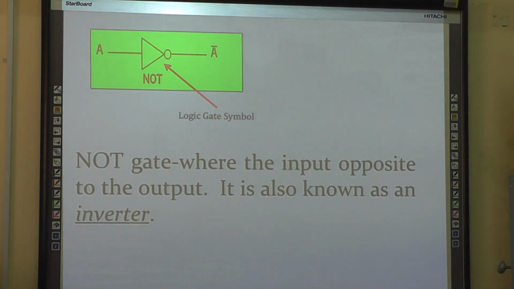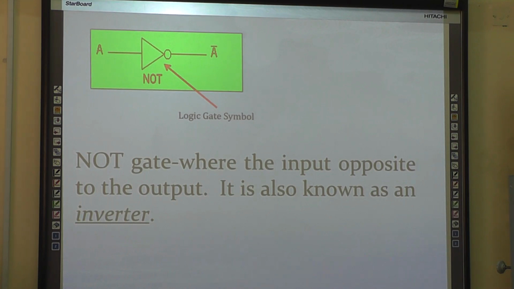This is a symbol for the NOT gate, or the so-called inverter, where the input is opposite to the output. It is also known as inverter, as I have said. It is to differentiate it from other types of electronic inverter devices.